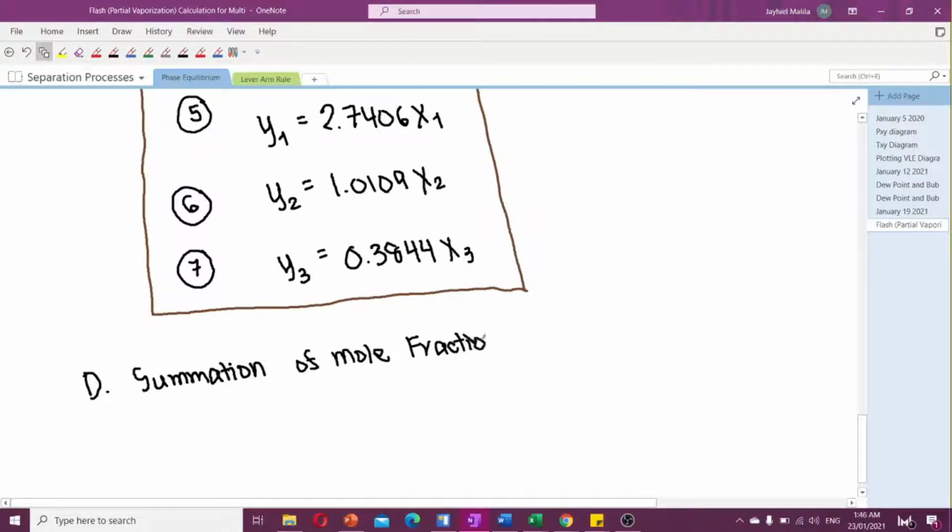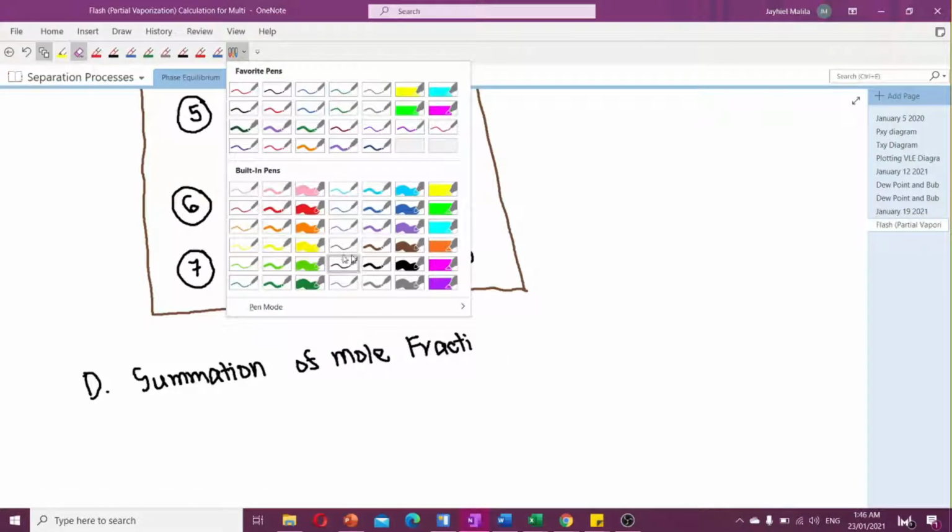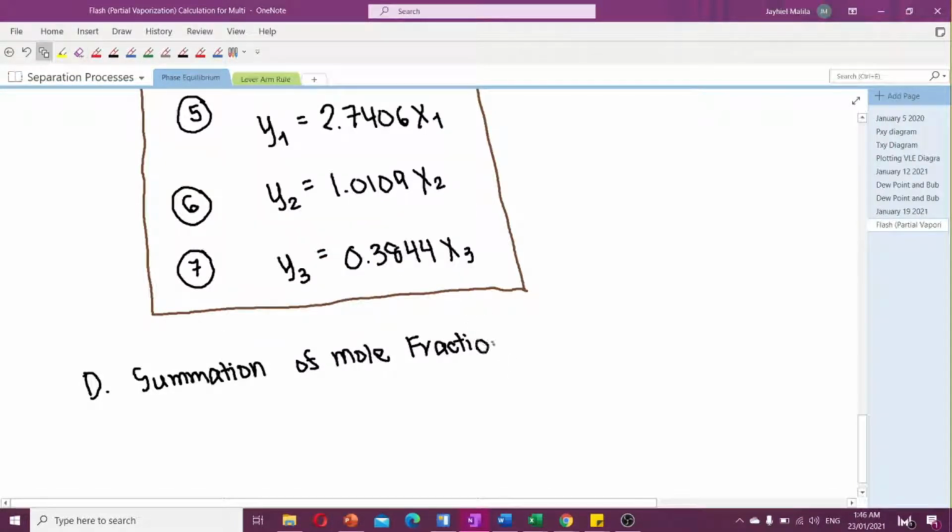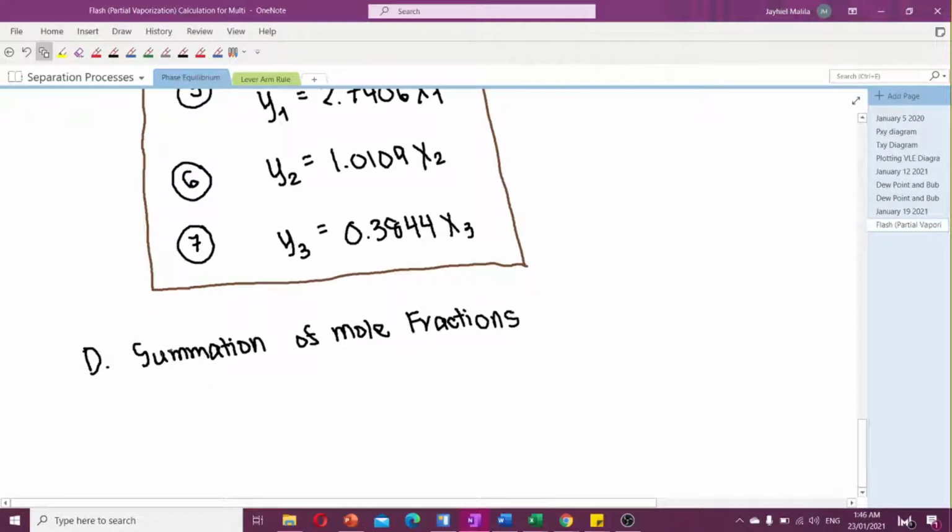Okay, so we need to be grateful enough that even though the problem is somewhat difficult, we have Excel to assist us. So, summation of mole fractions: we have y1 plus y2 plus y3 equal to 1.